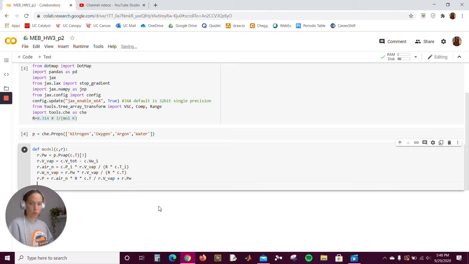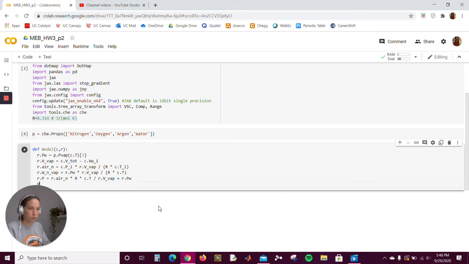So now we are going to add in our constraints. We're going to do a pressure constraint and a number of moles constraint. It makes it so that the pressure we calculate is equal to the desired final pressure, and the same story for the number of moles.